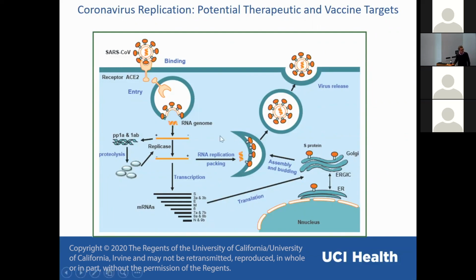That viral particle then egresses from the cell in a vesicle and eventually winds up outside of the cell where it can infect a new cell or a new human. And again, this egress of the viral particle out of the cell is another potential step in therapeutics. It's thought that chloroquine and hydroxychloroquine may also affect this step in viral replication.